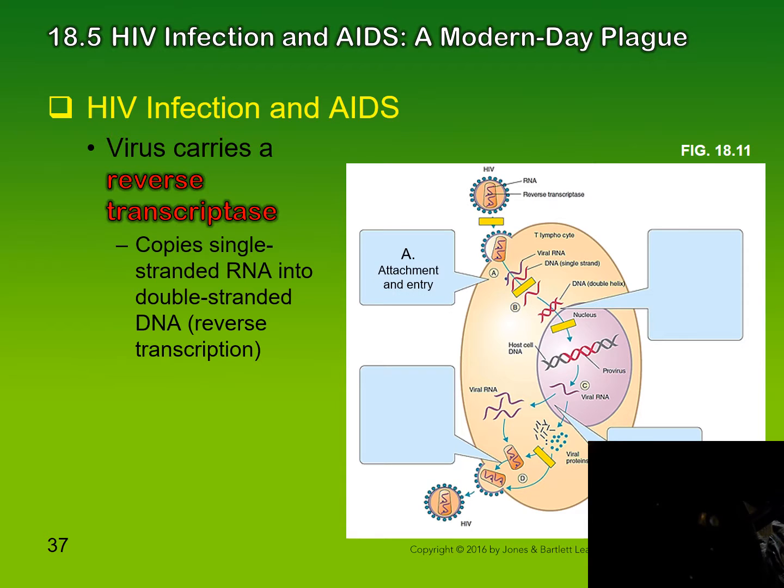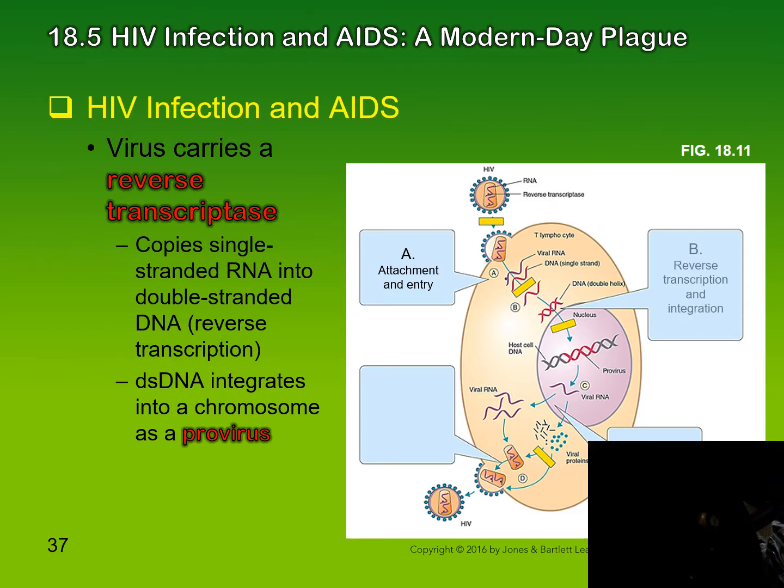Okay, so the first thing that's going to happen is you're going to have attachment and entry of the virus into the human cell, and then the double-stranded RNA will get integrated into the chromosome and is known as a protovirus. Okay, so on panel B there, we see that the RNA is reverse transcribed and forms that protovirus.